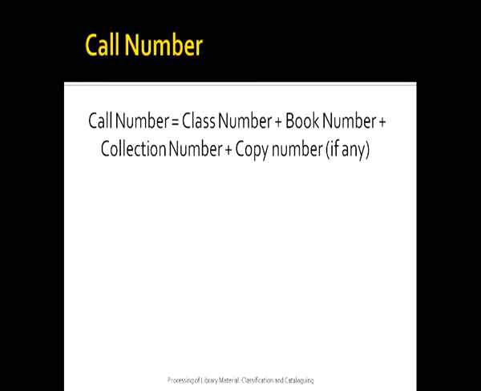Then there is the collection number, which depends on the kind of collection. It is a reference collection, or it is fiction, or it is a subject collection. And lastly, copy number. That means there may be 10 copies of a particular book in the library. So, each book has to have its individual call number. So, copy number will differentiate one particular copy of the book from the other.